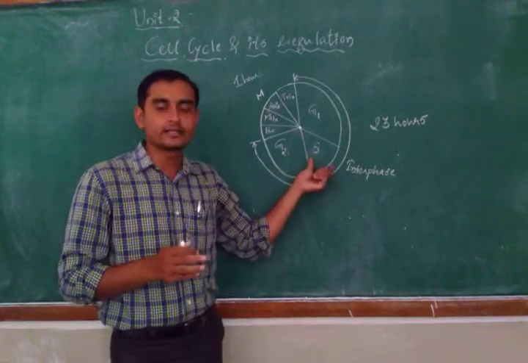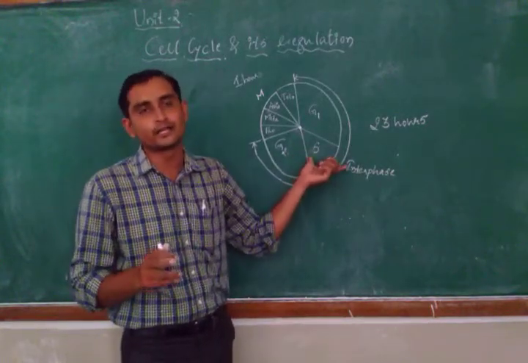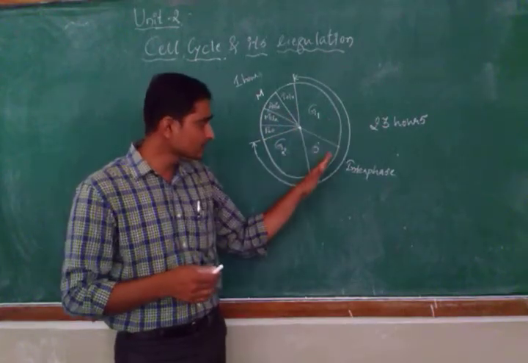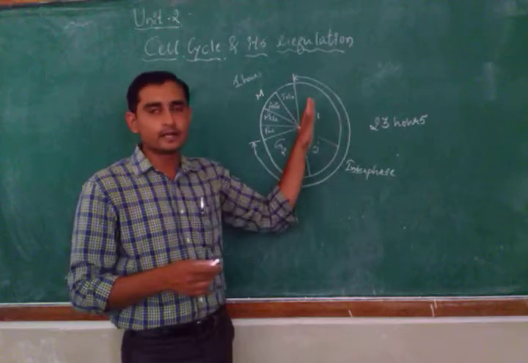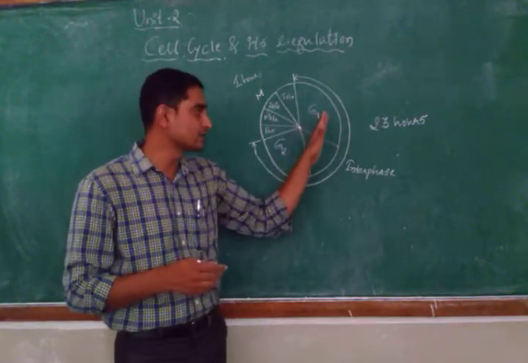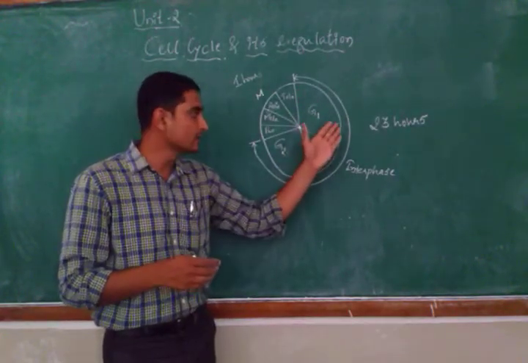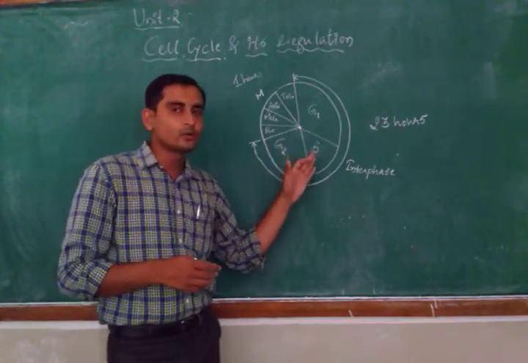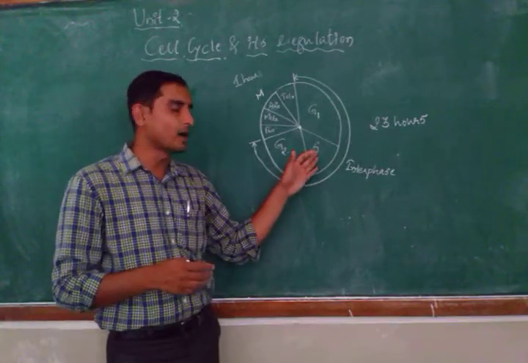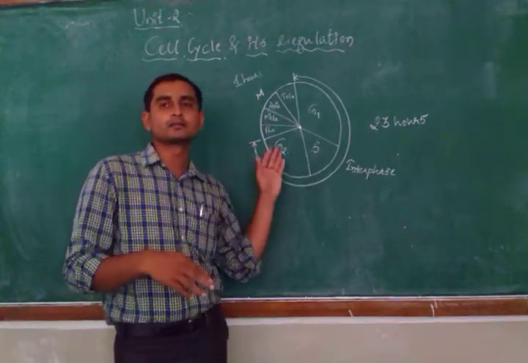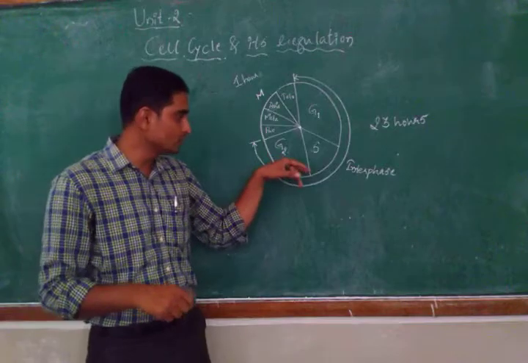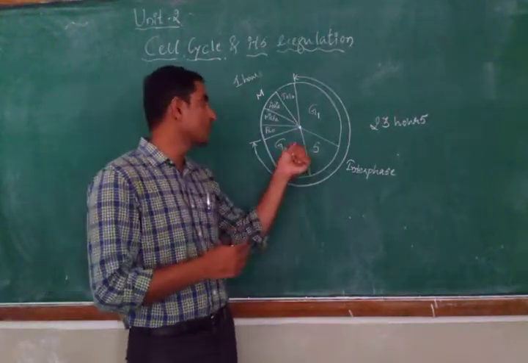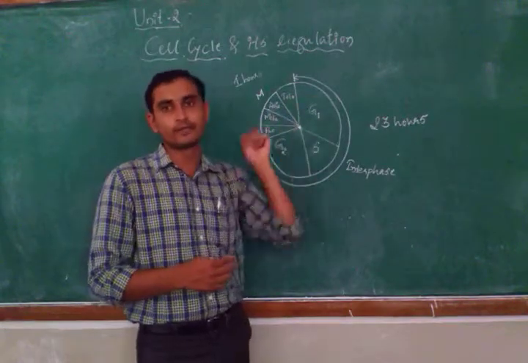Whatever is necessary for DNA replication will be synthesized in the G1 phase. Then, once everything necessary for undergoing replication is ready, the cell enters into S phase and undergoes DNA replication, and after completion of DNA replication, the cell enters into G2 phase. This G2 phase is a preparatory phase to undergo M phase.